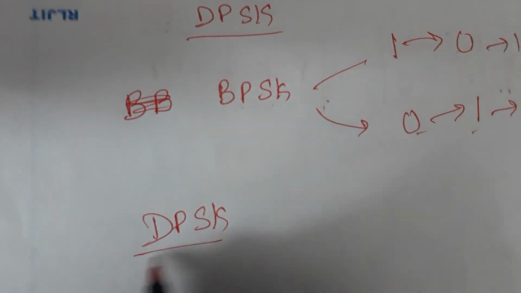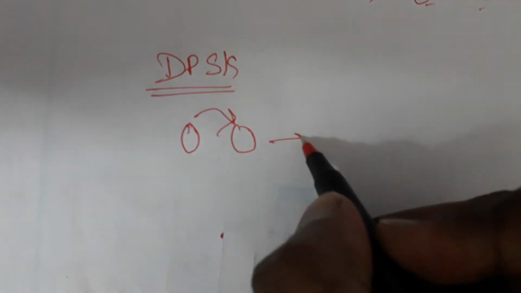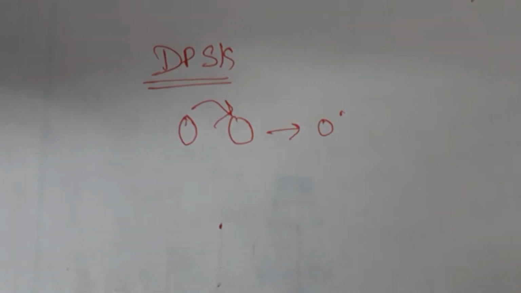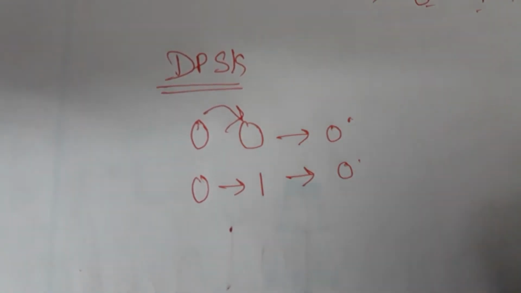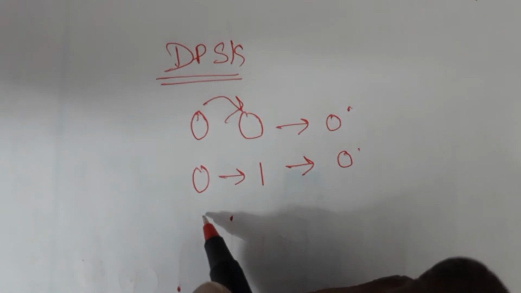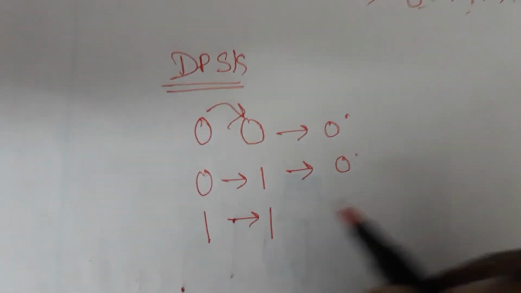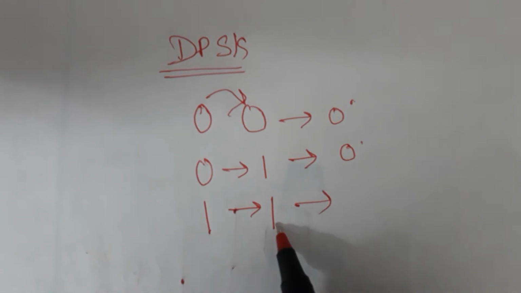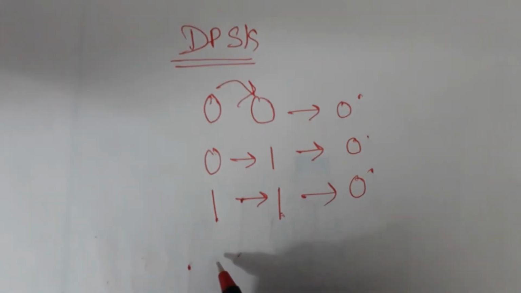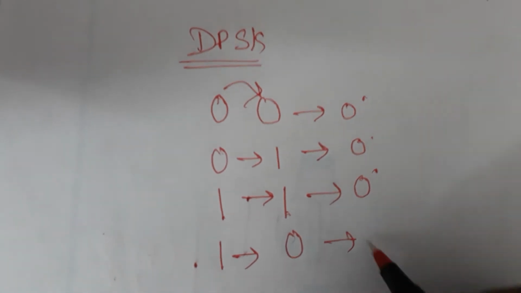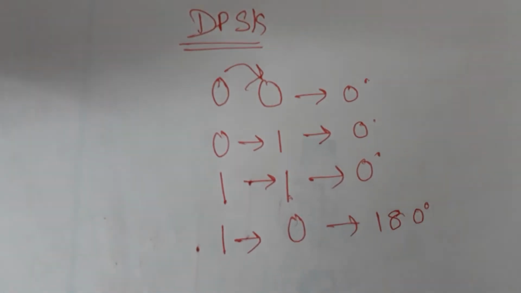As the name says, differential phase shift keying. When the data changes from 0 to 0, the phase shift is 0. When the data changes from 0 to 1, the phase shift is 0. When the input data changes from 1 to 1, this is the present value and this is the next value, the phase shift is 0. But when the data changes from 1 to 0, we have a phase shift of 180 degrees.